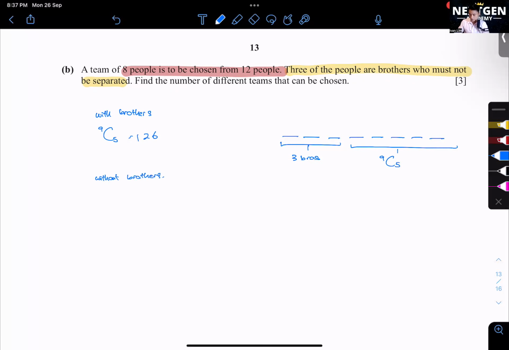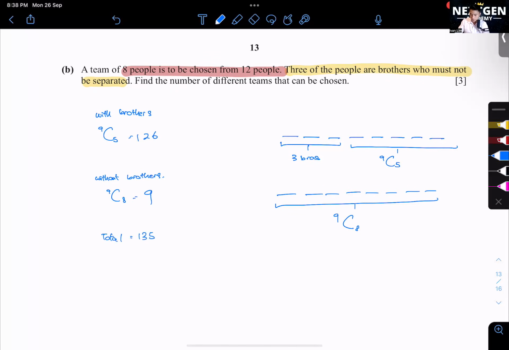I've got 8 spaces, 1, 2, 3, 4, 5, 6, 7, 8, and I can choose from 9 people. Okay, so 9C8. This is quite an easy one for 3 marks. Total 135.